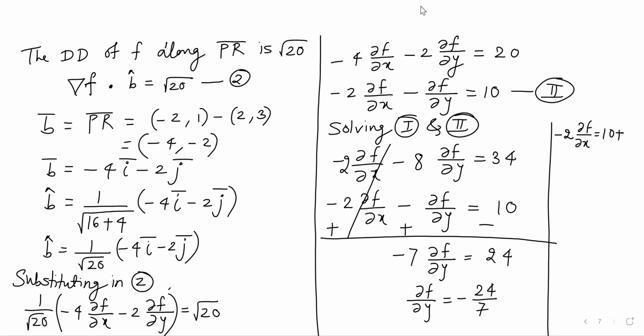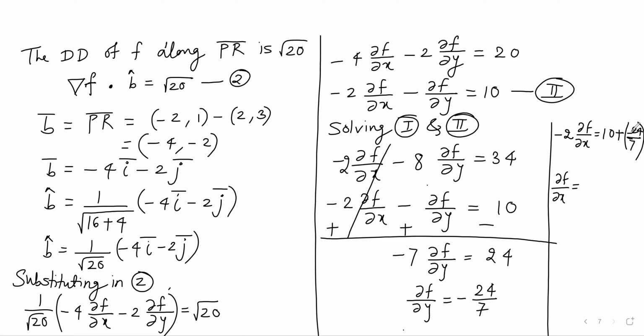So it is 10 plus minus 24 by 7. Okay, so del f by del x is what?